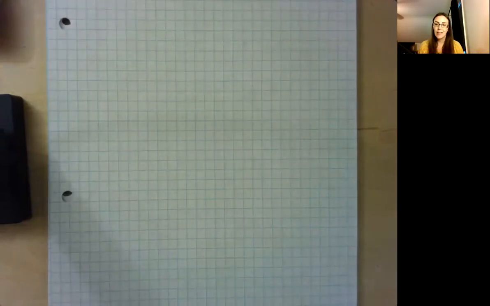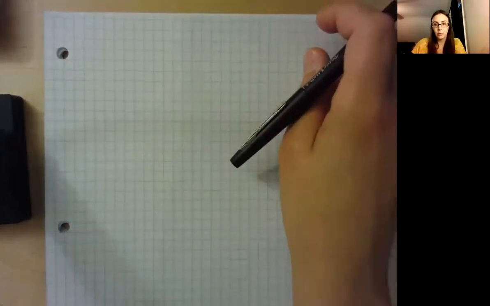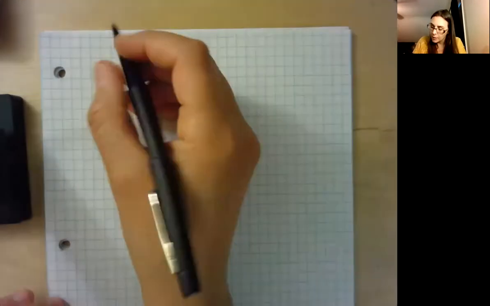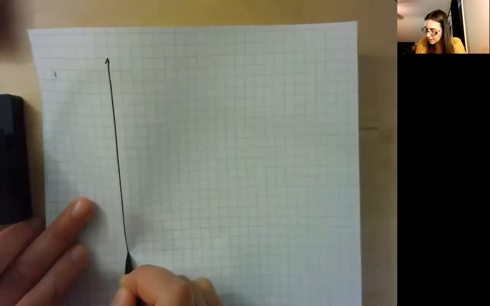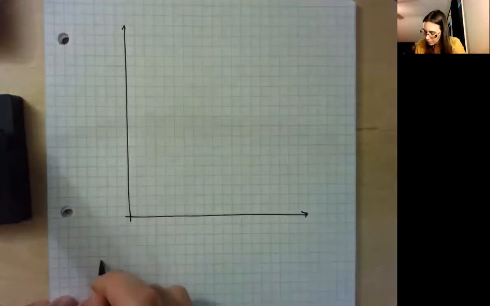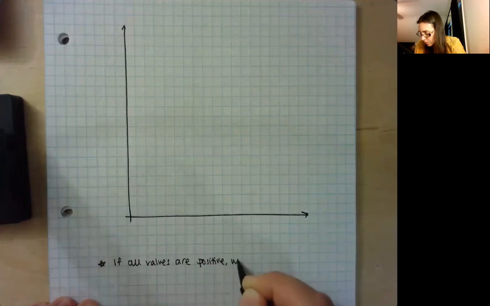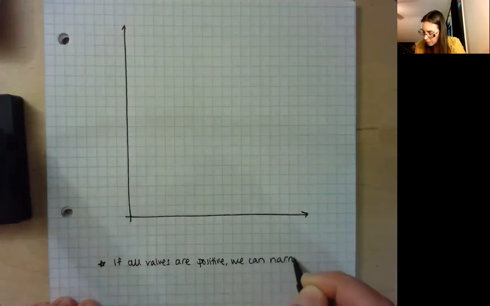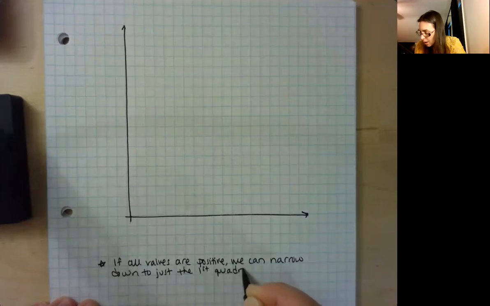is we don't always have to draw the entire graph if we don't want to. Sometimes, most of the time, you'll see that we do if we're just graphing general equations or general examples. But if I have a real application, sometimes we'll narrow it down. So for instance, if all my values are positive, we can narrow down to just the first quadrant.